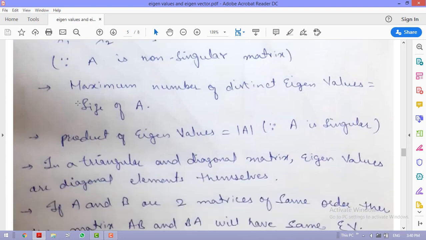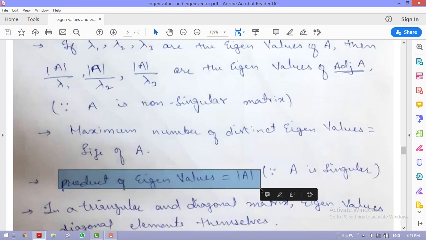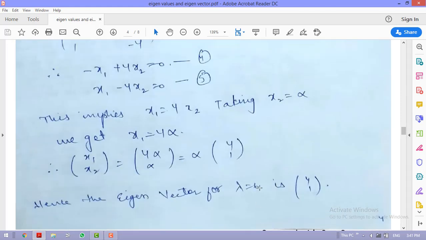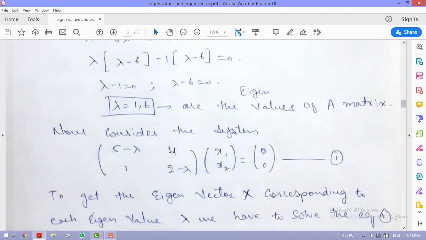Now let us take the next property, which is that the product of eigenvalues is equal to the determinant of A. Yes, that is true. It has been asked in many GATE questions. Let us take the above example, we have 2 eigenvalues over here, which are 1 and 6. If you take the product, 1 into 6 is equal to 6.